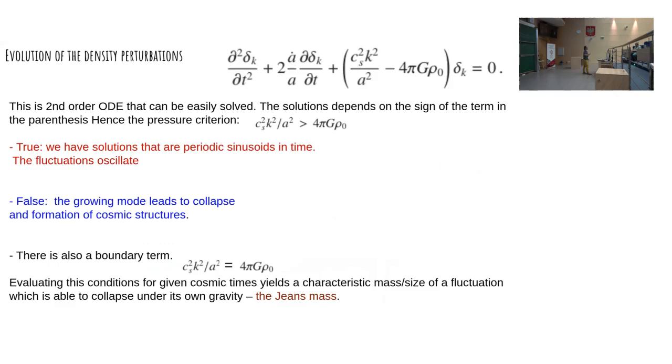Once you have this, you can solve this for various epochs, and we focus here on the example of the matter domination epoch, because this is the epoch when matter dominates in the Friedmann equation, dominates the dynamical evolution of the background universe. And this is the only epoch in the universe that was quite long when structures can grow efficiently.